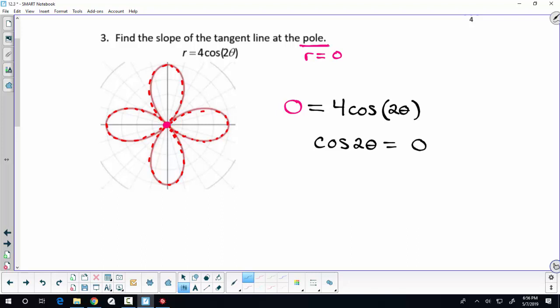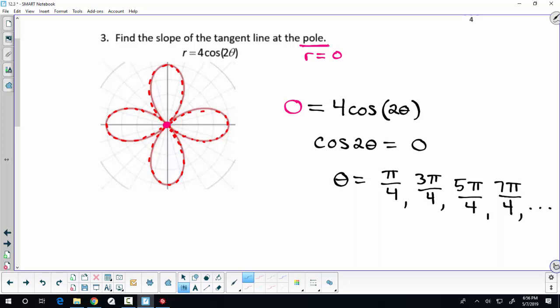Pi over 4, 3 pi over 4, and so on. I was on the right track.